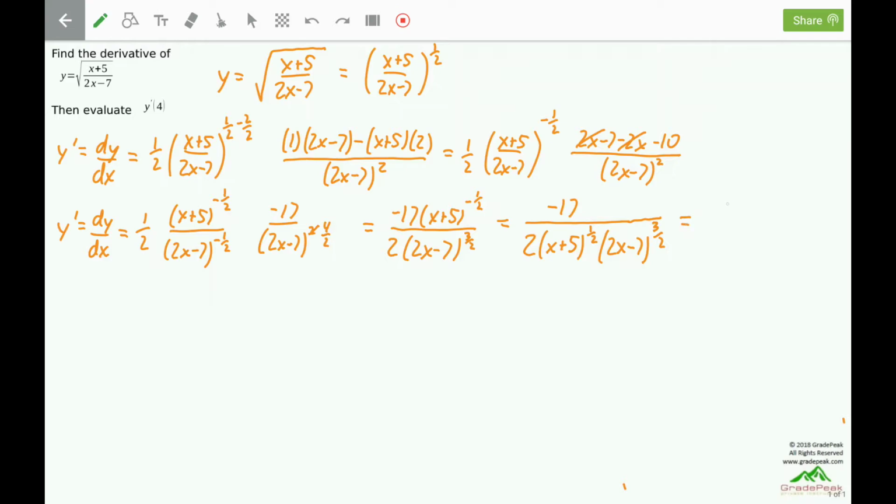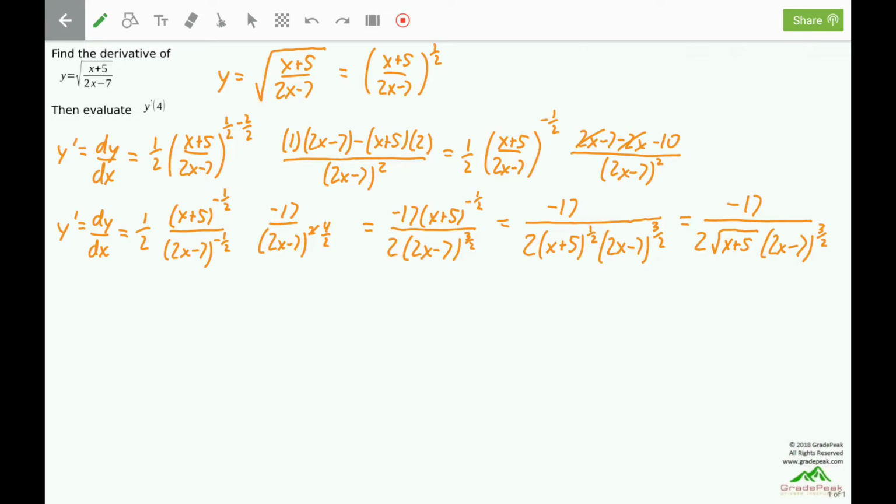The only other thing we really can do is rewrite that 1/2 power as a square root. So we can write this as 2 times the square root of x plus 5, and then the (2x minus 7) to the 3/2. There's the simplified version of the derivative, y prime or dy/dx.